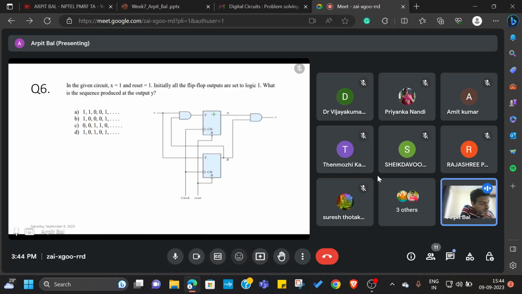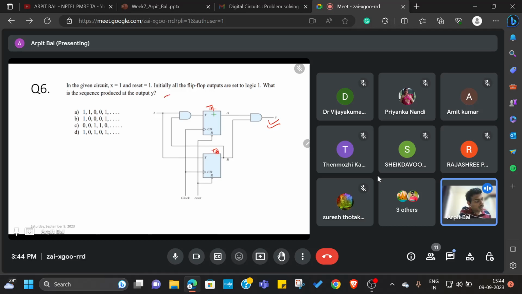Okay, so in this question we are given two flip-flops, and again the method is going to be kind of similar. We have to figure out what is the sequence that is produced at the output Y. Let us start with the first step. Let me call it TA, and let me call this TB.